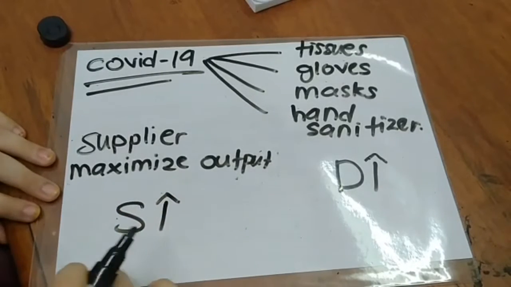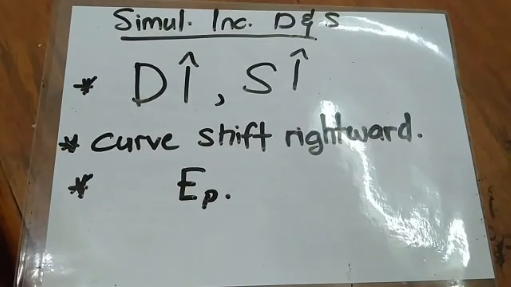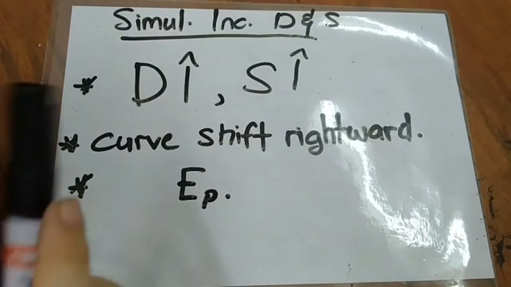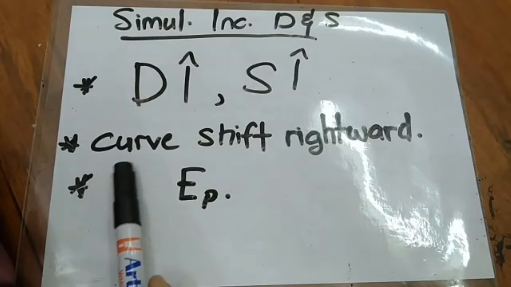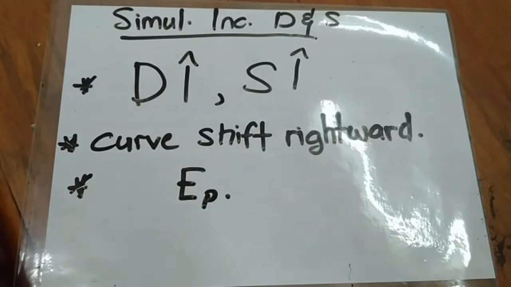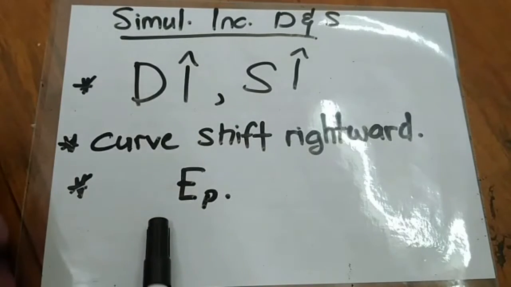The quantity of supply will increase. When demand and supply are both increasing, the curves will shift rightward, and we have a new equilibrium point.